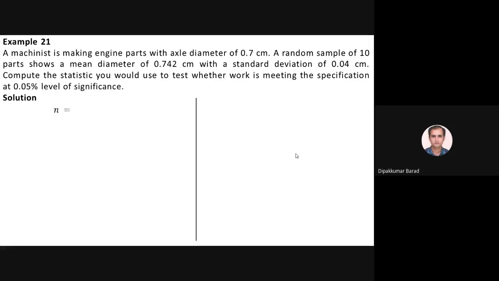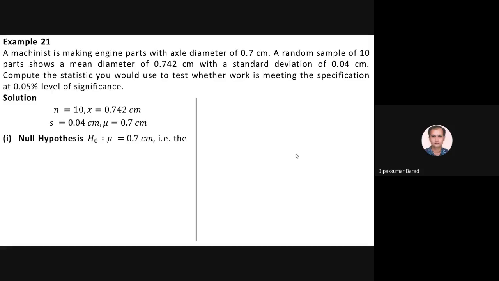Solution. n is equal to 10, and we have been given one sample only. For the sample, the mean diameter x bar is 0.742, and the population diameter mu is 0.7 centimeter, and the standard deviation for the sample is 0.04. We have to compute the statistic to test whether the work is meeting the specification.